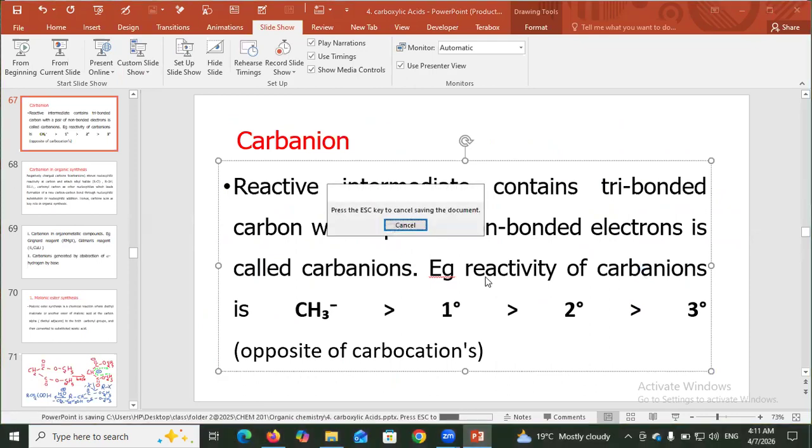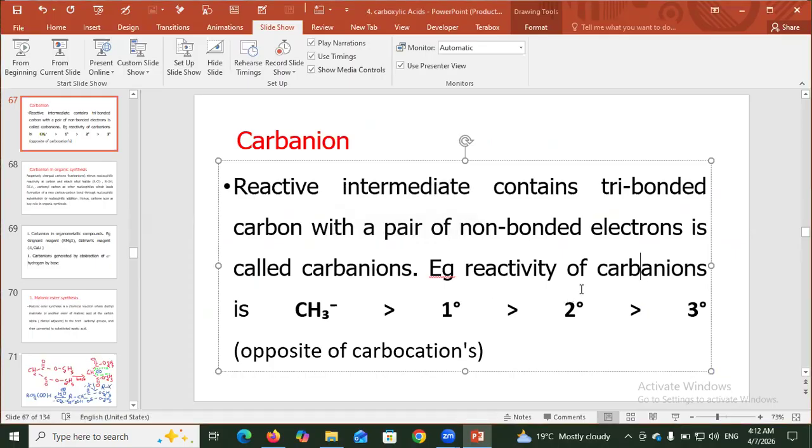You will study carbanions in detail in the BSc third year, under reactive intermediates.